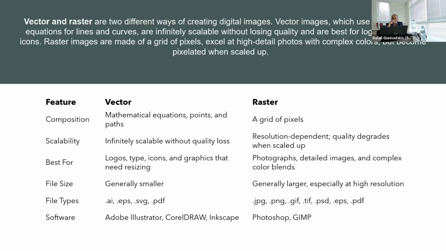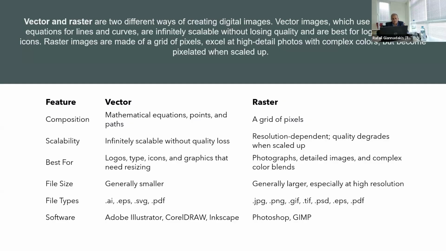If you enlarge a photo too much, then the quality changes. For that reason, if we need to make a poster, you need a bigger resolution than a small photo, because you can enlarge it. You can make a poster.